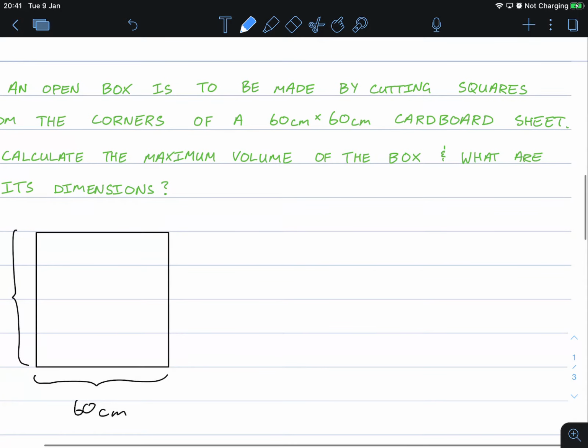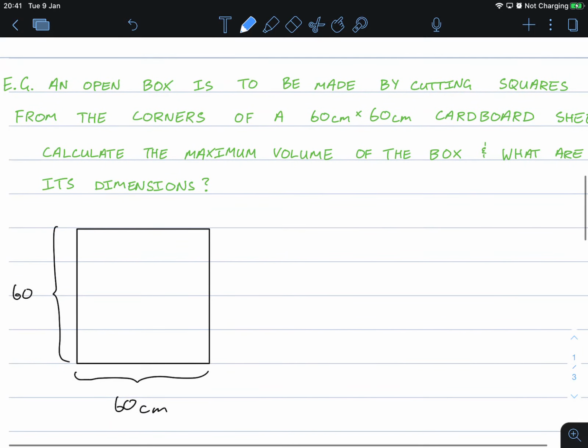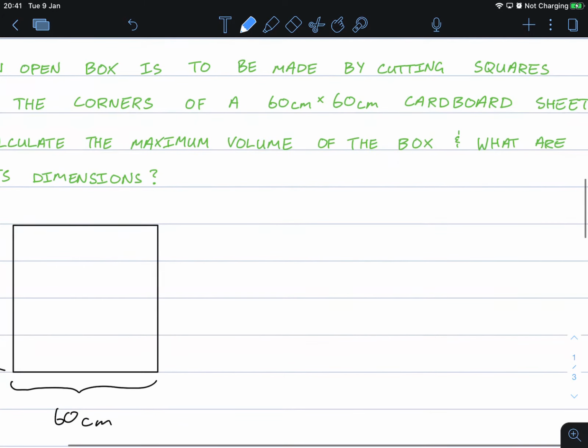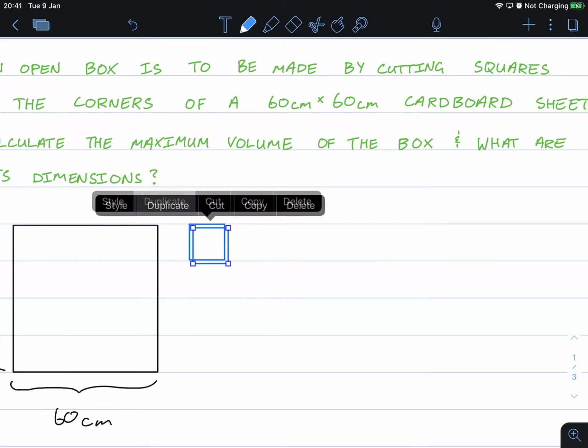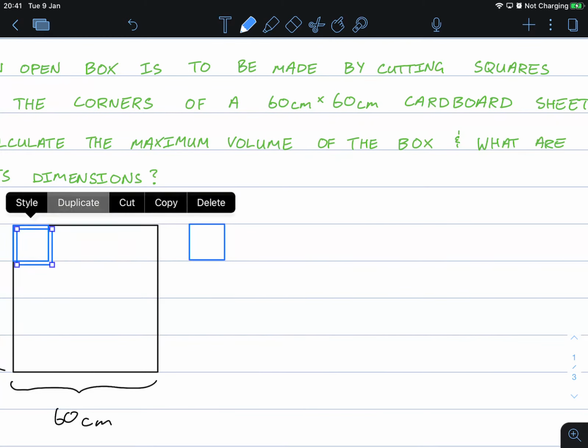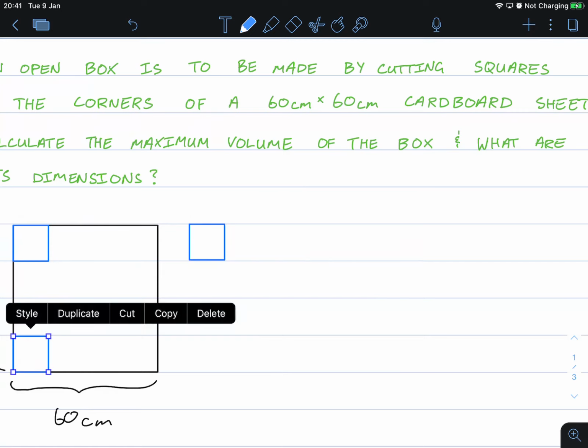Let's draw in the squares in the corners. So here's my first square. Let's add these in to each of the corners here.